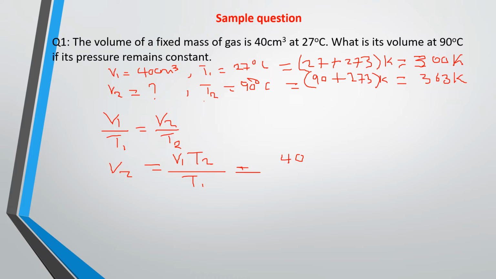Your 40 multiplied by T2, which is 363, divided by T1, which is 300. Okay, so you can punch this out with your calculator.